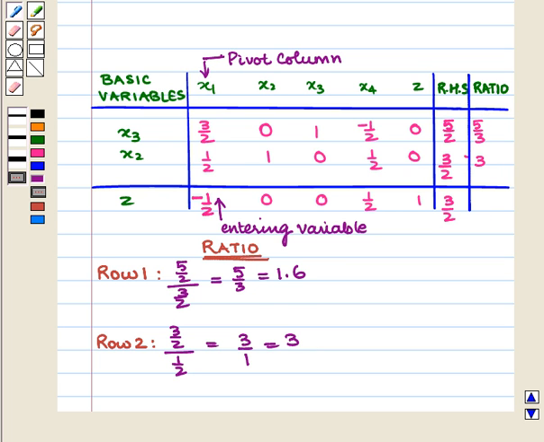So 1.6 is minimum of both the values. So x3 is the outgoing basic variable and 3 by 2 is the pivot element.